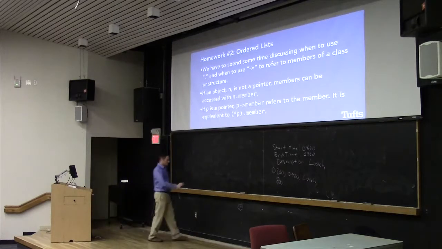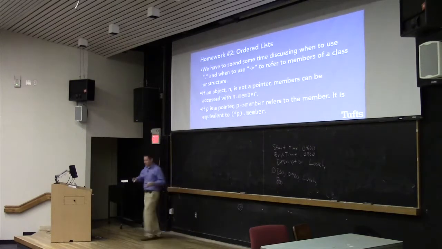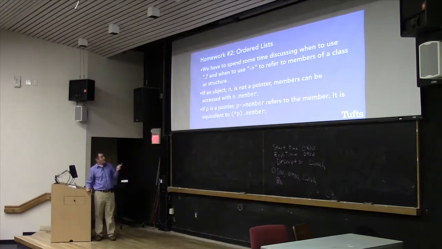The next slide actually talks about it. If you have an object that's not a pointer, you just refer to the methods by using dot and then the method name, like getTime or getStartTime. You use this little arrow notation, which is a dash and then a greater than sign, to refer to the members of the class if you have a pointer.